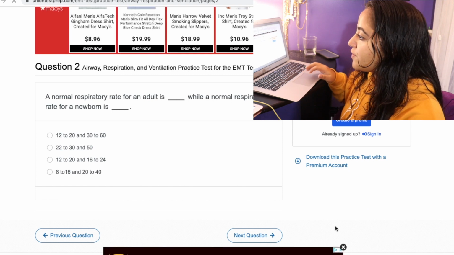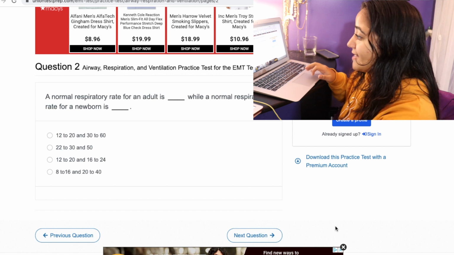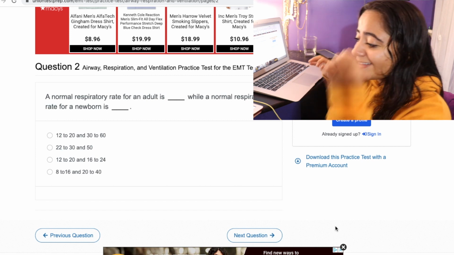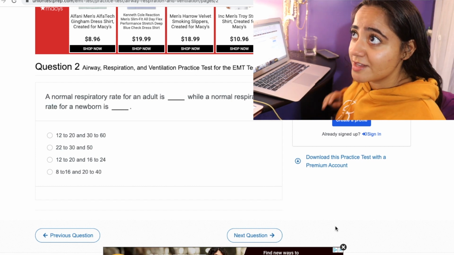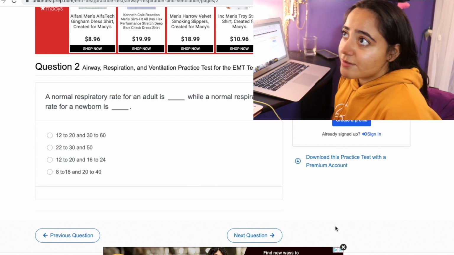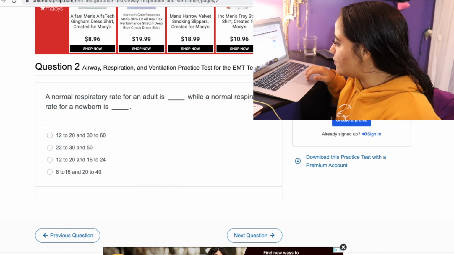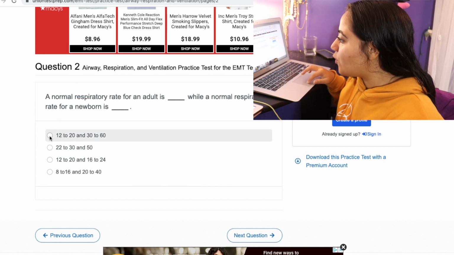A normal respiratory rate for an adult is blank, while a normal respiratory rate for a newborn is blank. I don't remember the numbers very well. I do know that children breathe more often than adults. I guess the regular for an adult is around 12 to 20, so I guess that's one of the options.